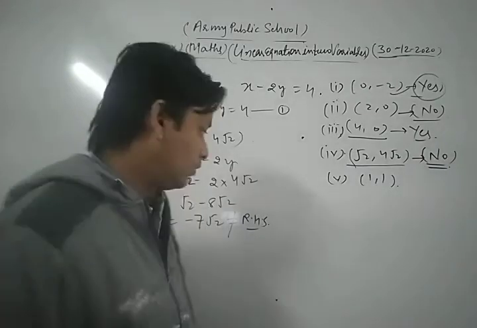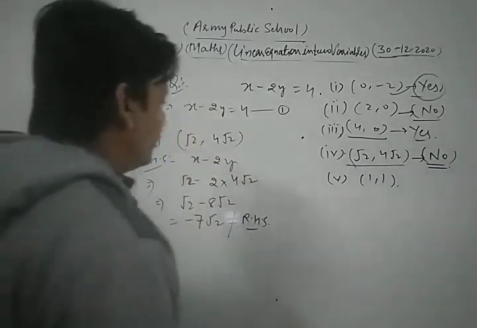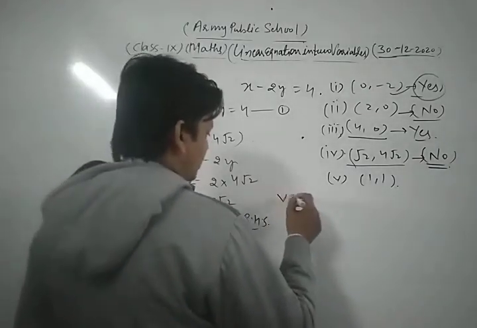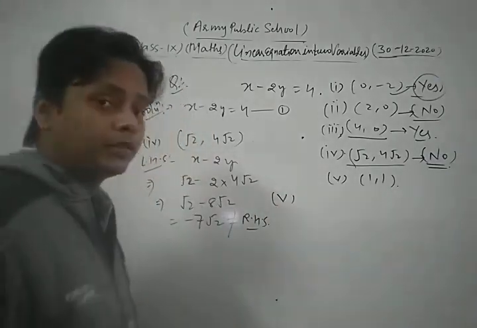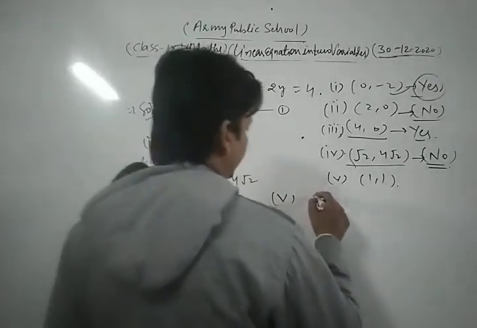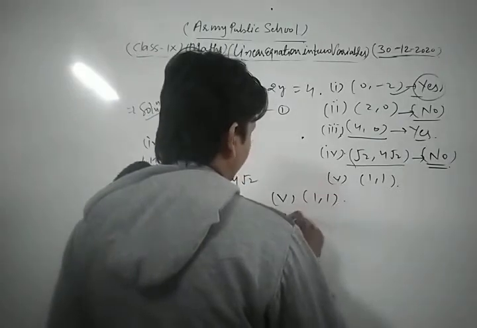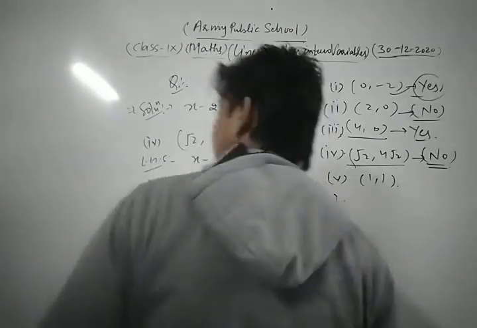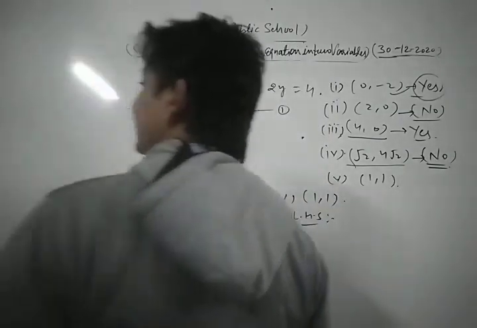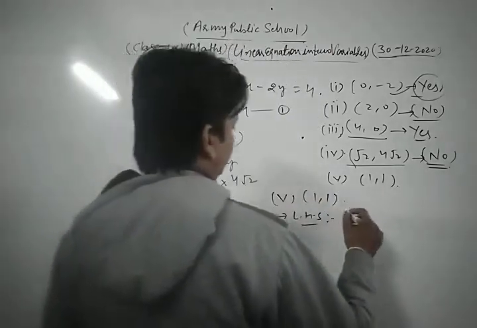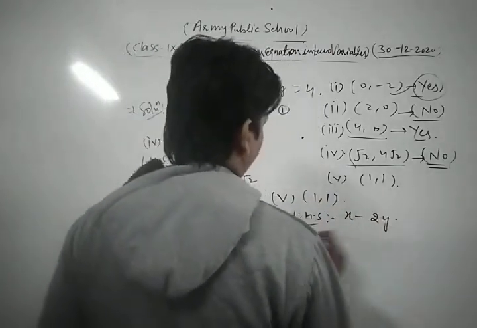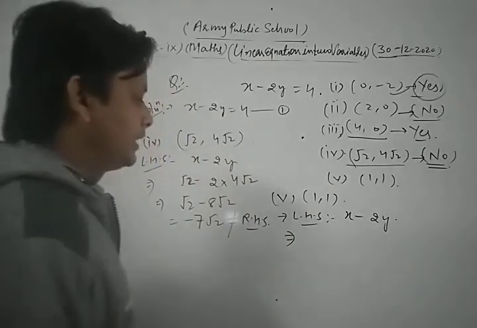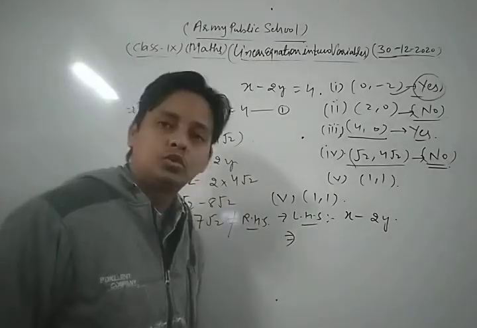Okay, dear students. Now, similarly, we take and solve the last, that means the fifth part of this question, where the pair of values is 1, 1. We take LHS, the left hand side, and our left hand side is x minus 2y. Now we put x is equal to 1 and y is equal to 1 also.